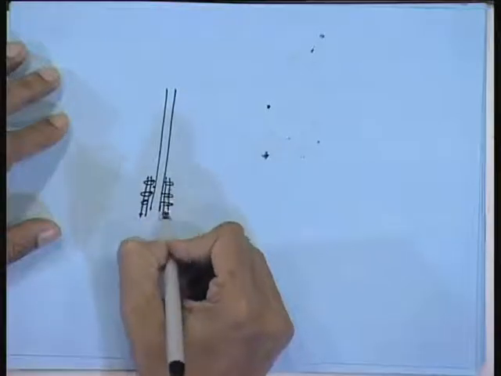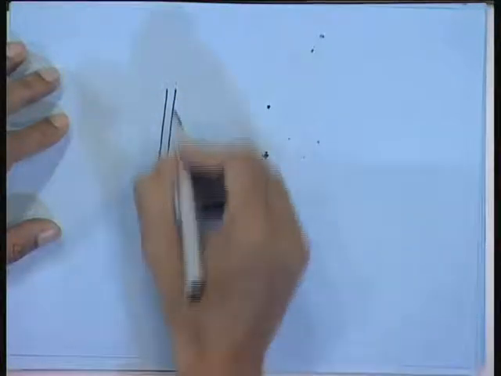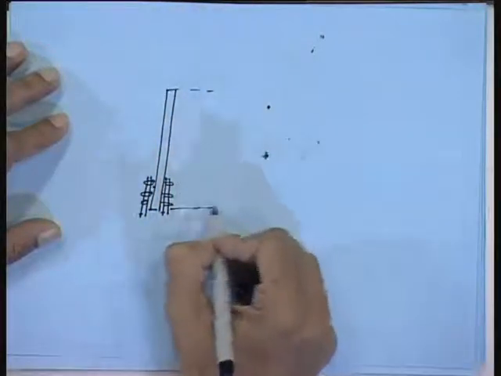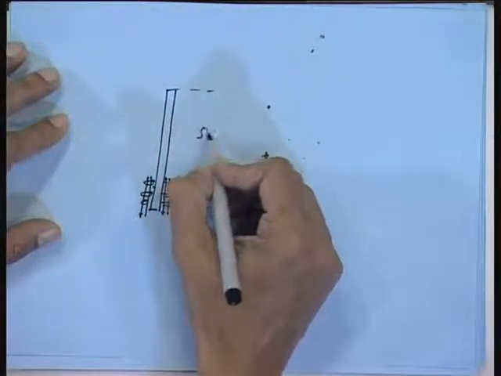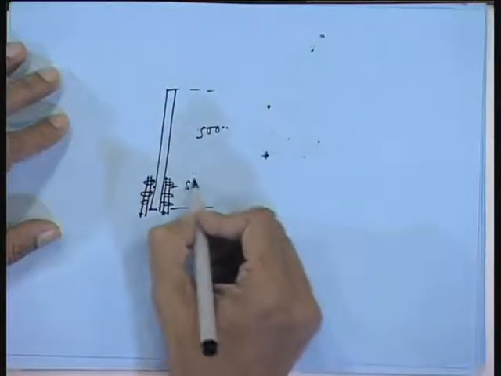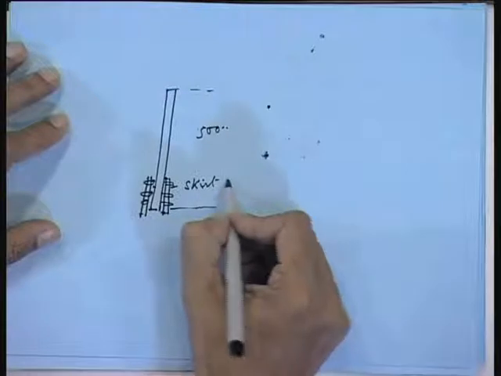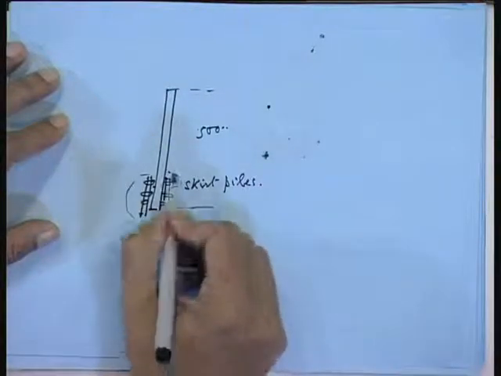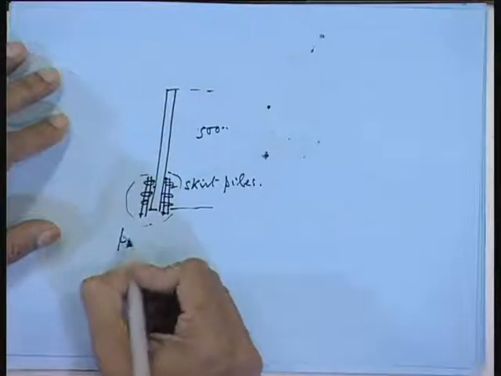You cannot insert main column piles through this, because this will be of the order of say 500, 600 meters. So, normally this is the case, and this is called skirt piles. If you want to study this type of pile, then this whole thing is a pile group.